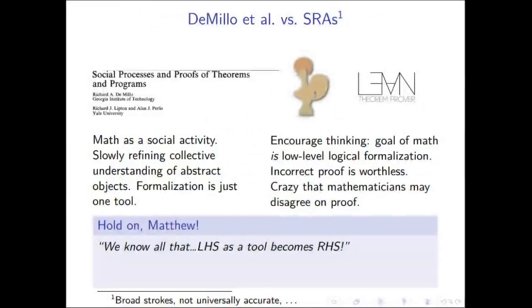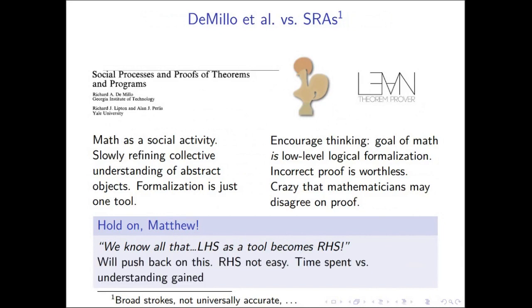So, you might be saying, hold on, Matthew, we know all that, but when you want to help with the left-hand side here, with this social understanding, you just kind of have to make a traditional proof assistant, right? You write things down and it's true, and you want to focus on it being sound, right? And that's what you get. And I think this is what I want to push back against.